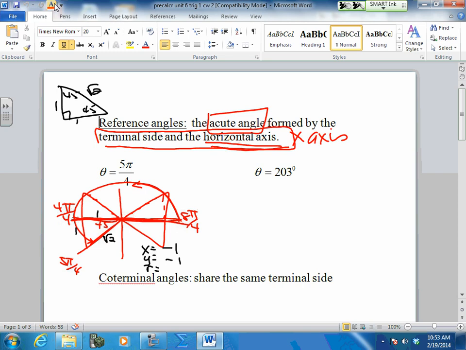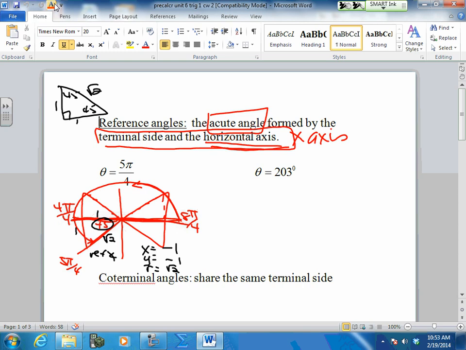It's a distance from my center to the end of my circle. So this guy, radical 2. So all I need to do now is say my reference angle is this guy. Isn't 45 between 0 and 90? Right? And that's what helps me label my triangle.